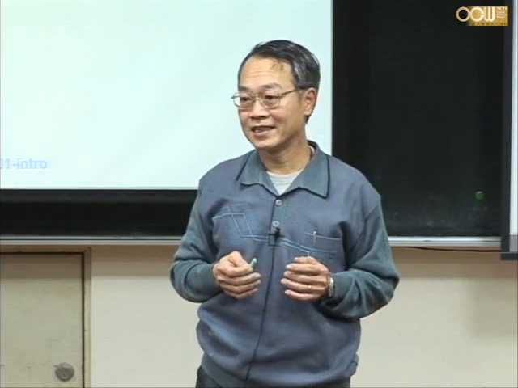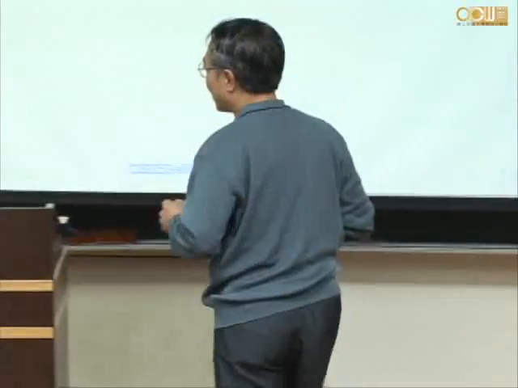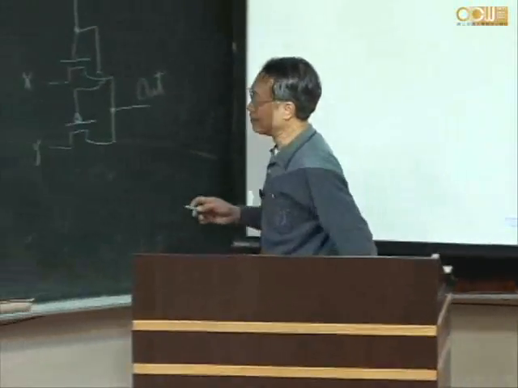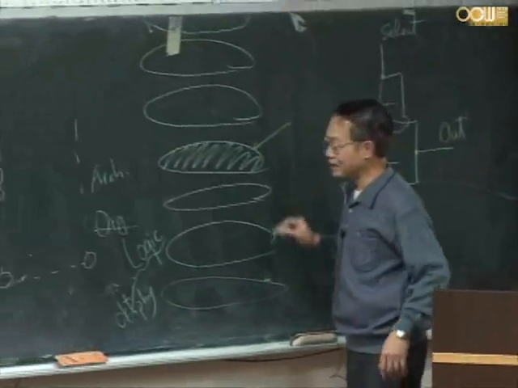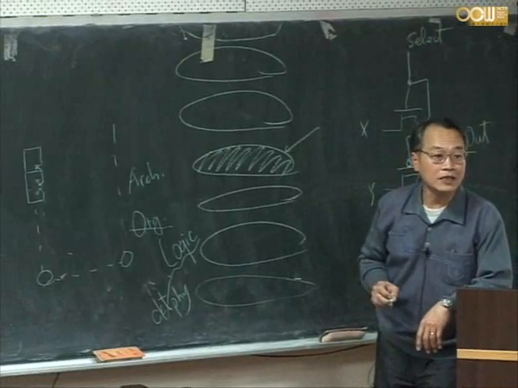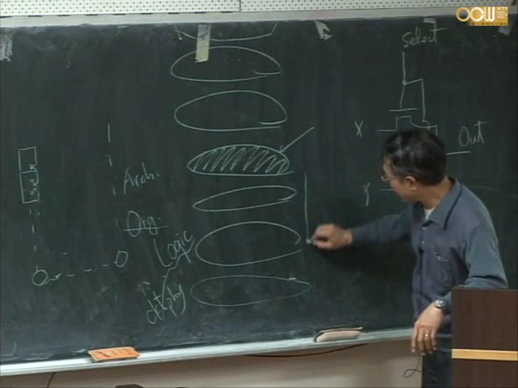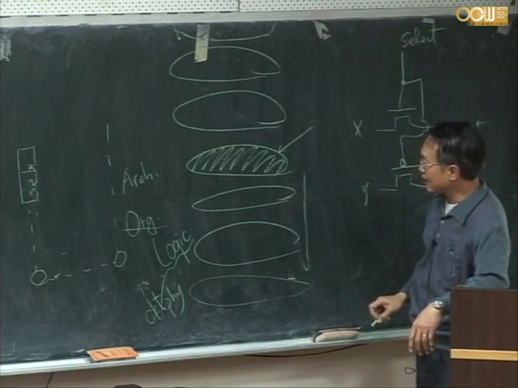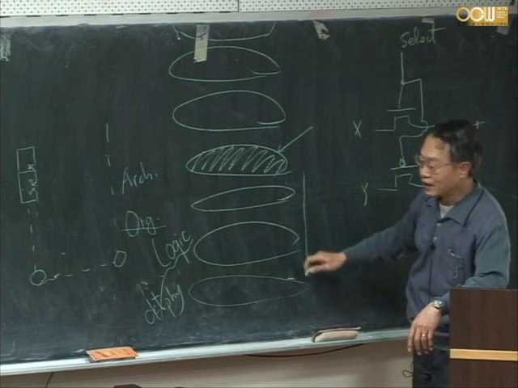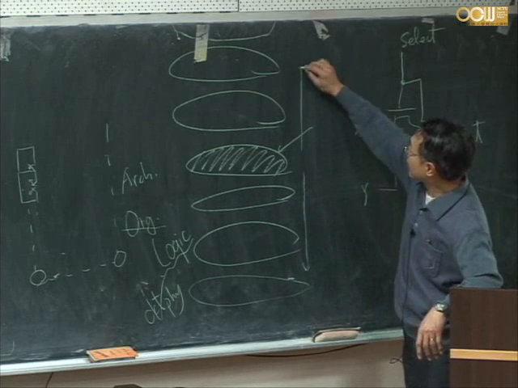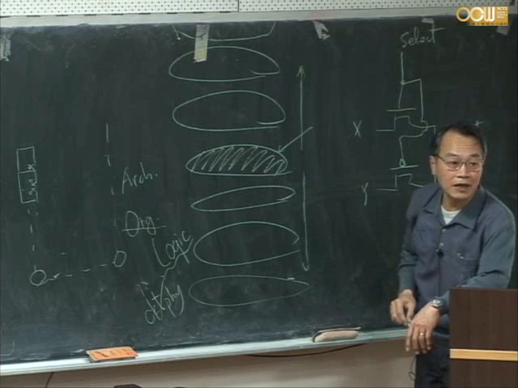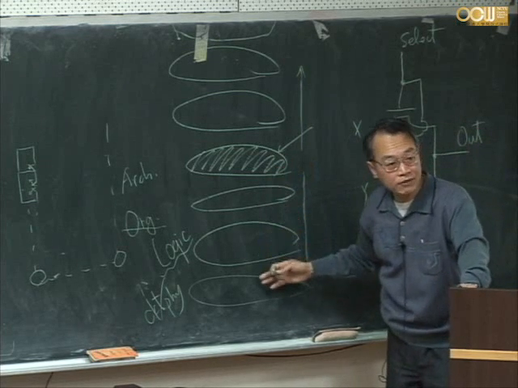So far, so good? Okay, so in order to be a good architect, what do you need to know? You need to know all the advancements, all the fundamental knowledge of the lower levels. Also, you need to know all the knowledge of the upper levels. This is the same for every level.